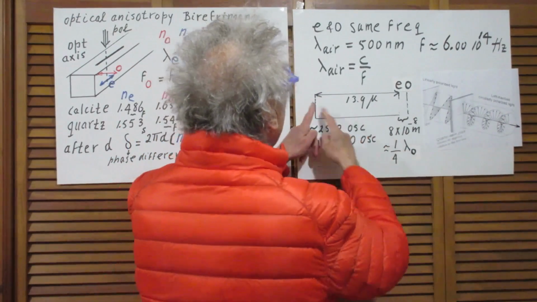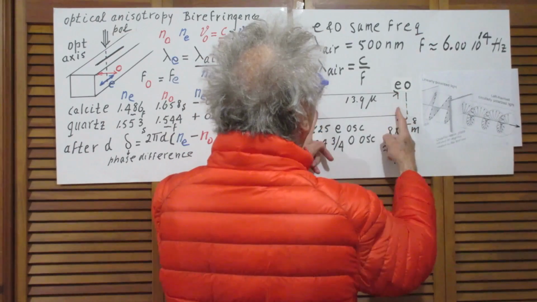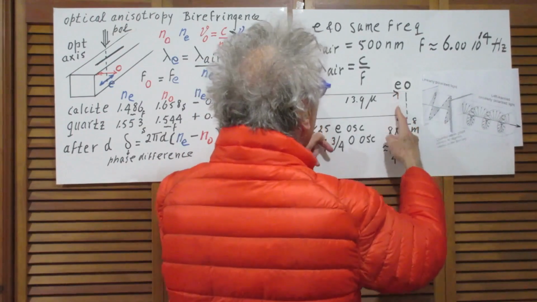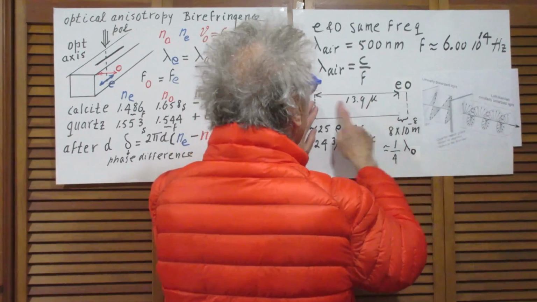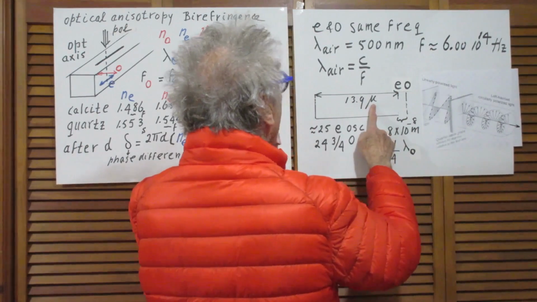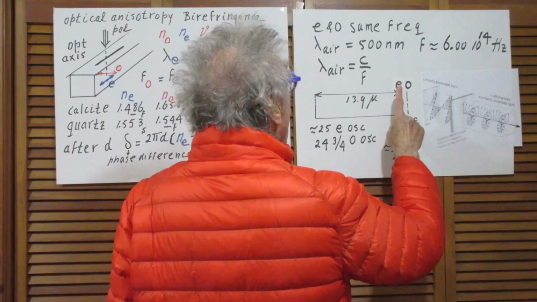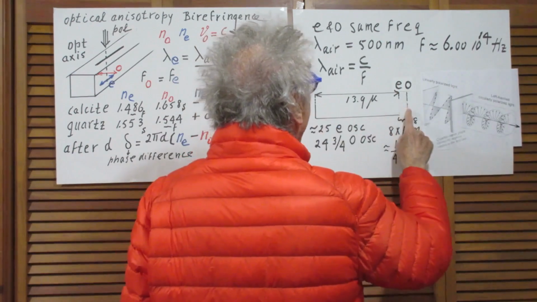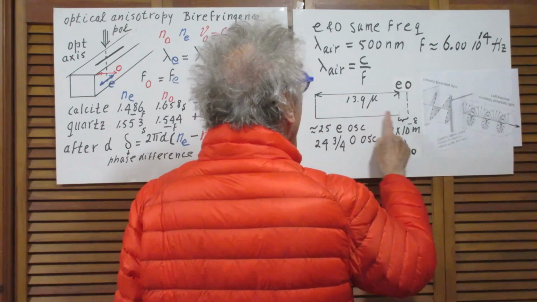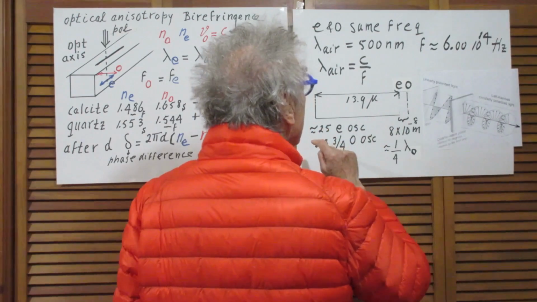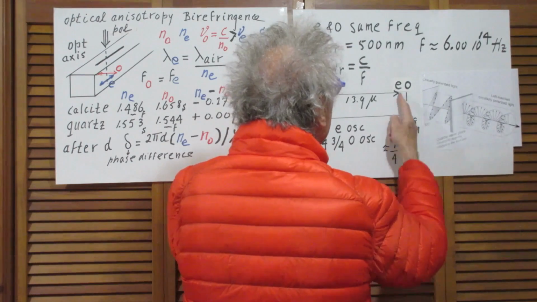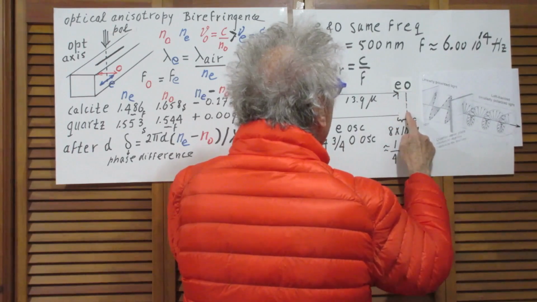So, if this is the piece of birefringent material, the thickness is 13.9 microns, remember? That means that since the O wave travels faster than the E wave, when the E wave is here, the O wave is there.